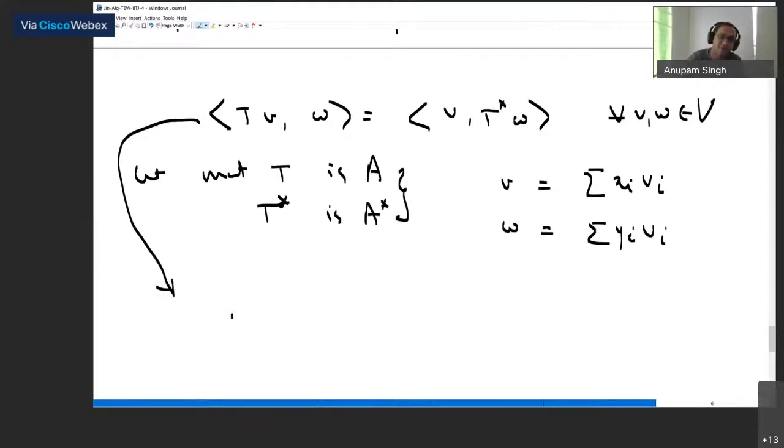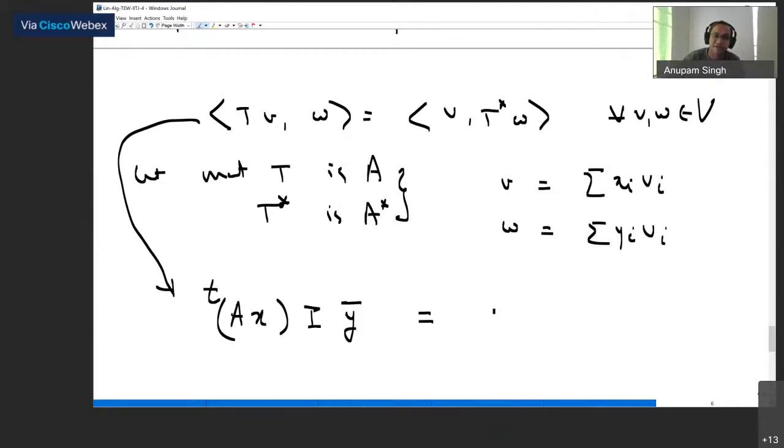So this will become basically (AX) transpose, then the matrix of the form, which is supposed to be the identity matrix, and then W, the column vector Y. Now the right hand side, I should put a bar here, because I'm also including the complex case, so this is Y bar.